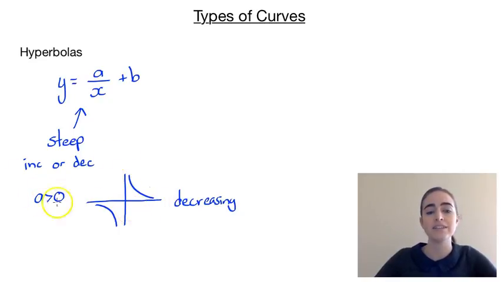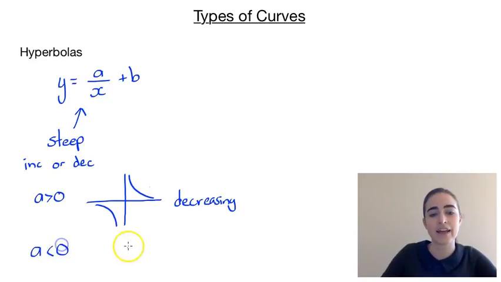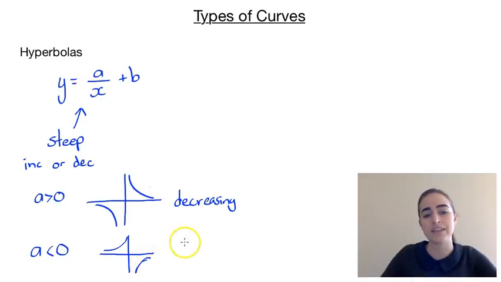With hyperbolas, if a is positive, then our hyperbola is actually decreasing. If a is less than 0, if a is negative, it flips our hyperbola around into these two quadrants. And you see, as we move to the right, our hyperbola increases. So that one's a little bit different to the ones we've looked at before.